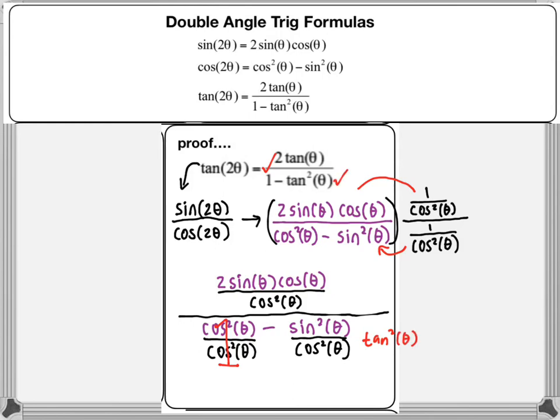We can take one of these cosines and cancel it with one of those cosines, and that's going to leave us with another sine over cosine, which is tangent again, and there's the 2. So at the end of the day, what's left is 2 tangent theta all over 1 minus tangent squared theta.